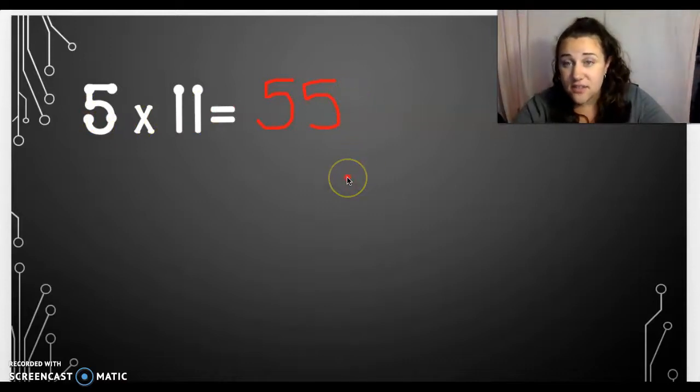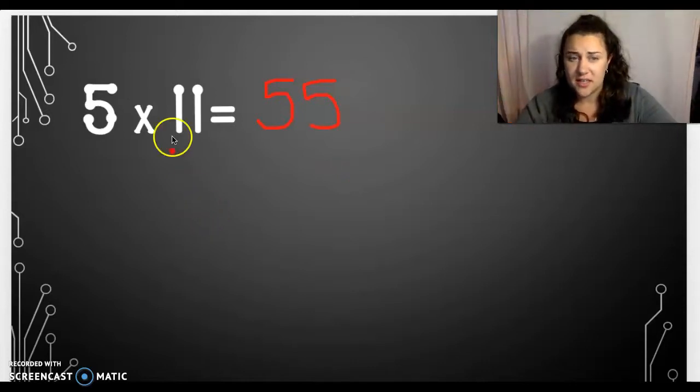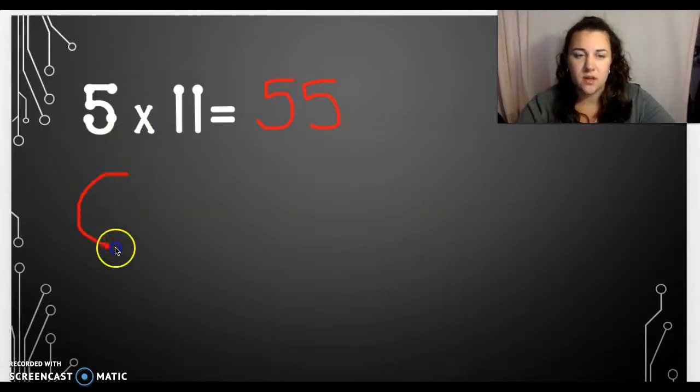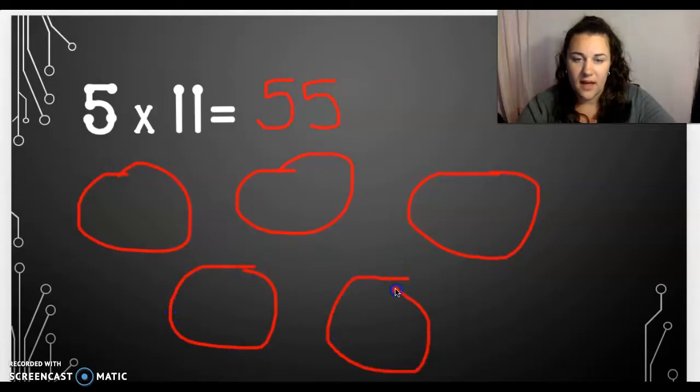Well, let's see if that's right, because maybe you don't believe me. Maybe you think that's too easy, Miss Triwa. So let's see. I'm going to make 5 equal groups. 1, 2, 3, 4, 5, right? And I'm going to skip count by 11 on my group.